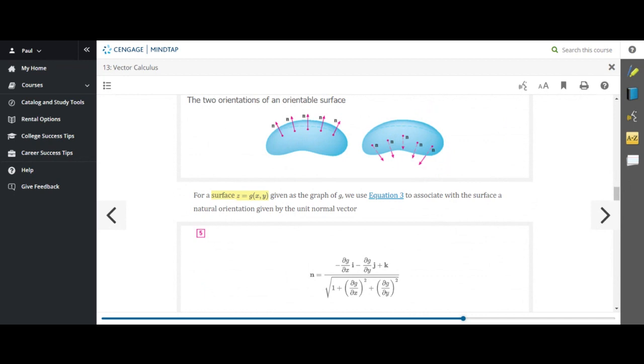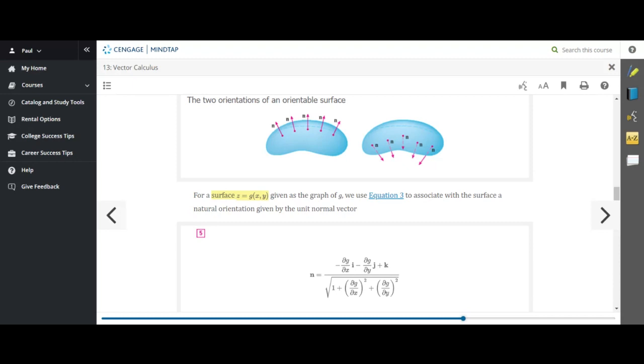They're taking the normal vector with components negative partial of g with respect to x, negative partial of g with respect to y, and 1. That's the direction of the vector. And they're dividing that vector by its length. So you get a unit normal vector.